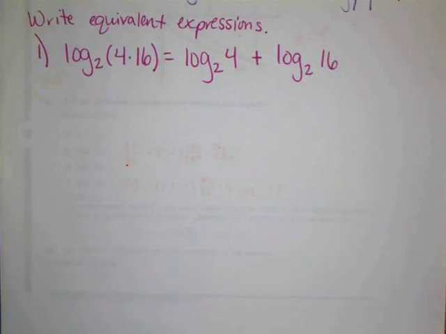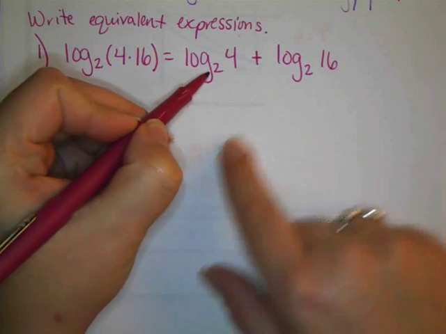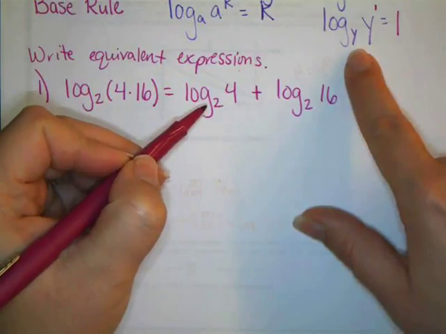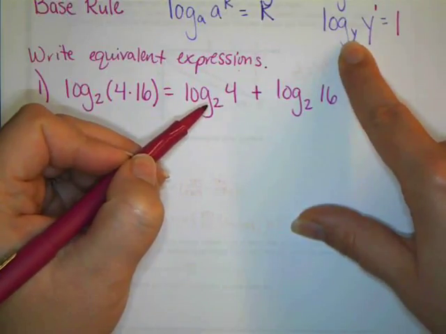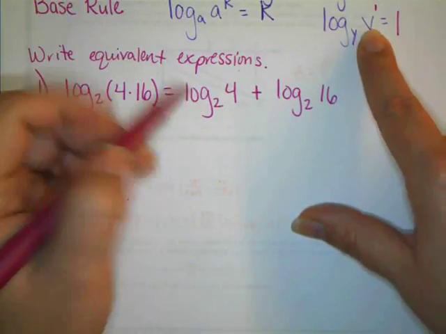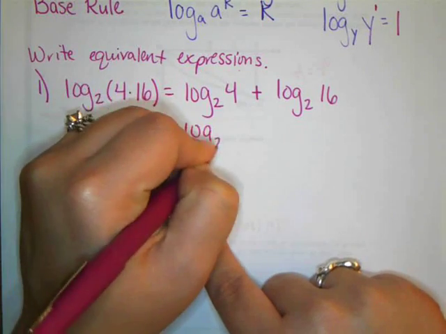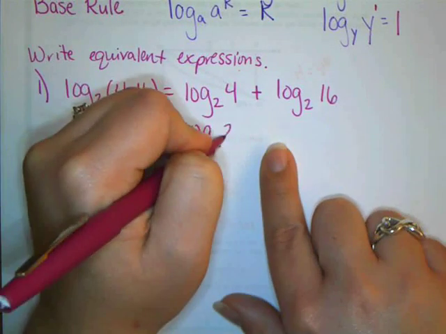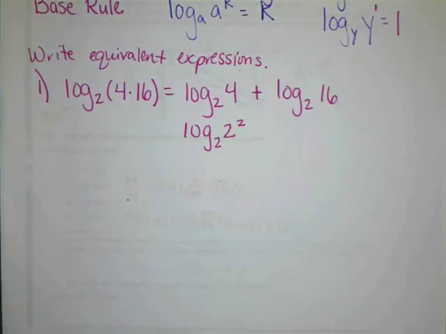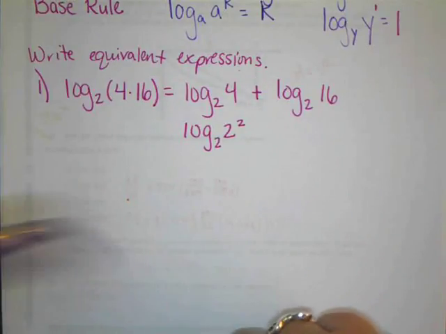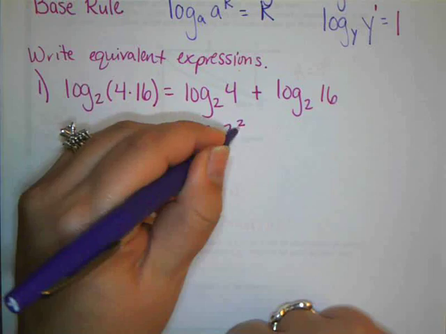And that's simplified. And you can also ask yourself, okay, this is a base 2, so if I look back at this shortcut here, if I have the same number in the base and the big base, for example, log base 2, if I turn 4 into 2 squared, this base and this base are the same.